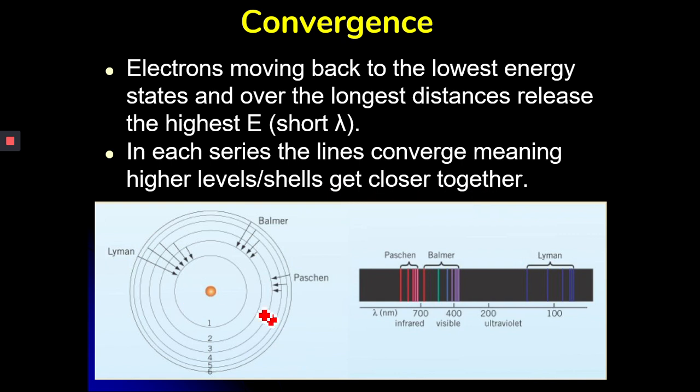So again, instead of drawing circles in DP chemistry, we tend to draw lines, and as you draw them, they should be getting closer and closer together. There's not a specific distance that you have to use. You just have to show that the energy levels are getting closer together. So you should be able to draw those energy levels, and draw what Lyman and Balmer would look like on them.